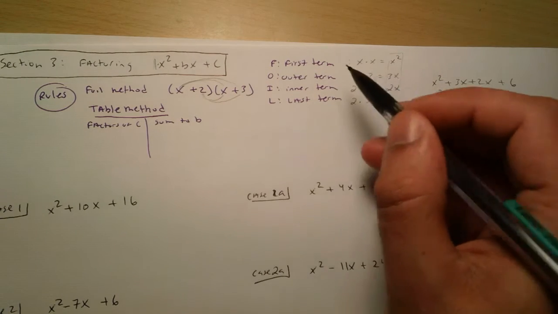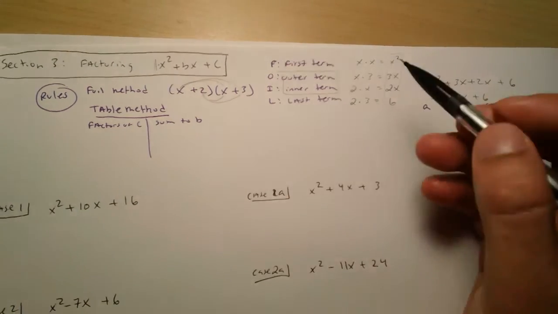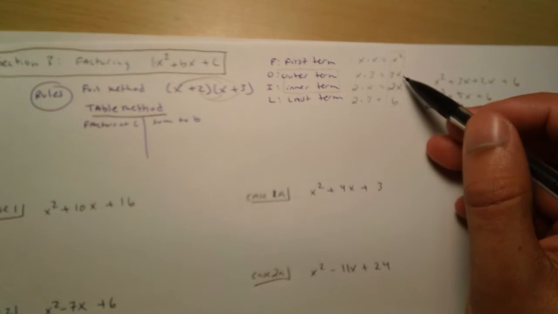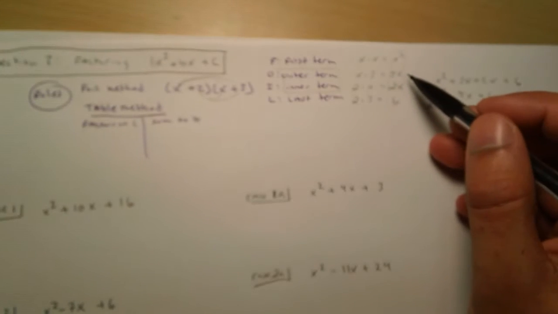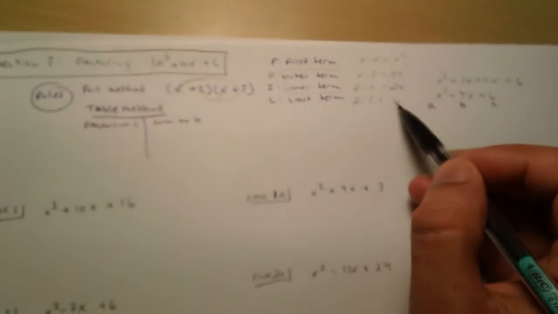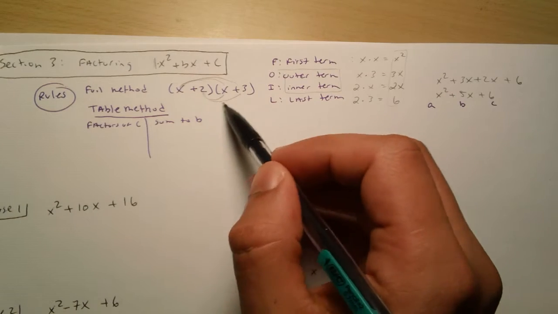Now what you noticed here in the outer and inner terms of FOIL is that the terms ended up coming out to be like terms. Okay, so we're able to combine them. Okay. And the way we got our outer and inner terms was from the last two numbers in our binomials.